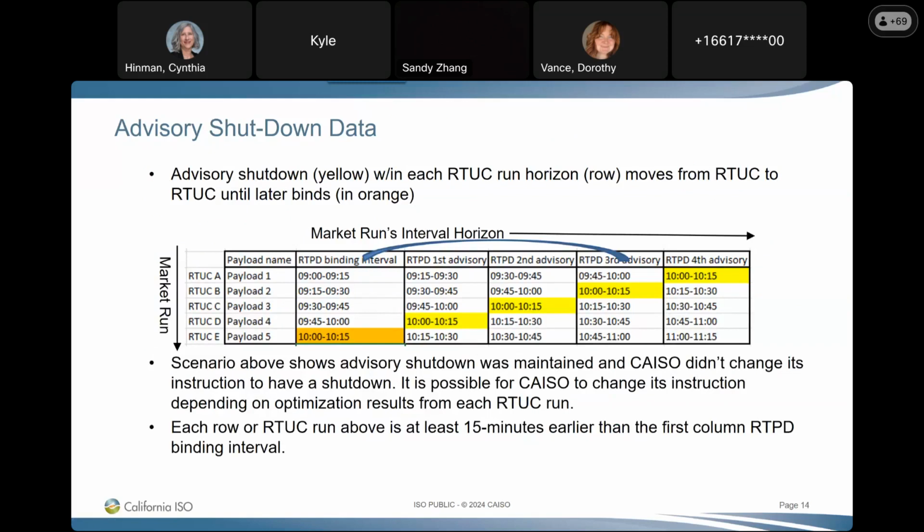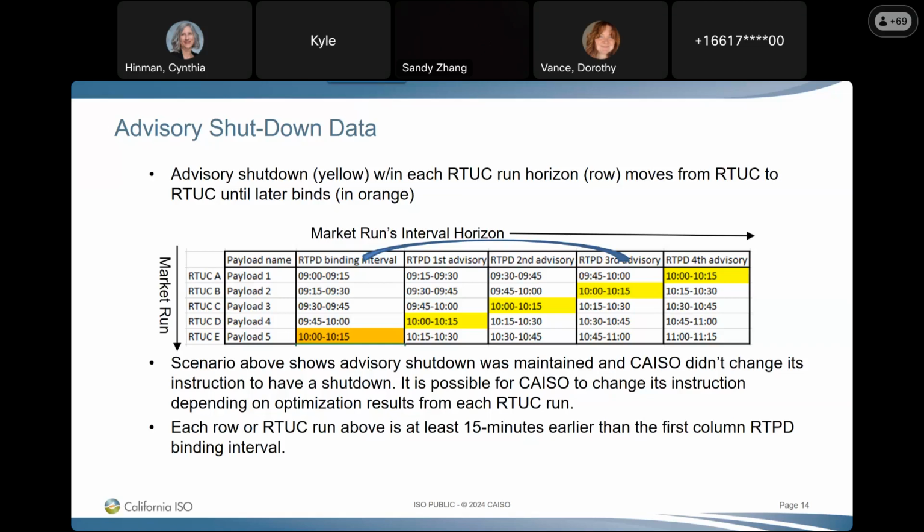You can also see that there are 4 advisory intervals, 4 advisories during that market run. And the last one, the 4th advisory, is 10 o'clock to 10:15. As we go through each market run, that 10 o'clock through 10:15 advisory gets closer and closer, and then by the 5th run, the RTUCE, it is the binding interval.